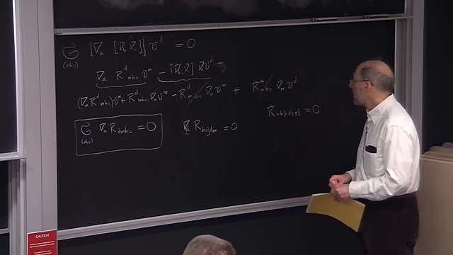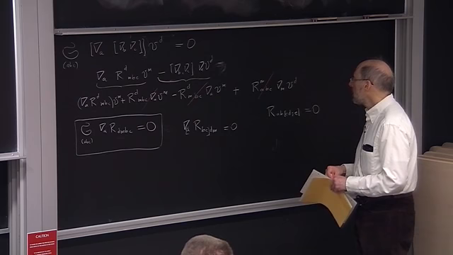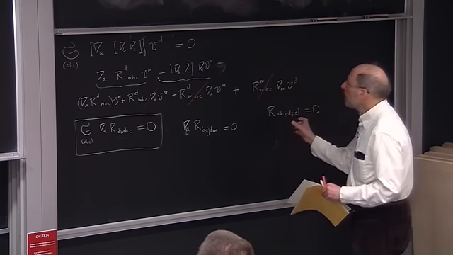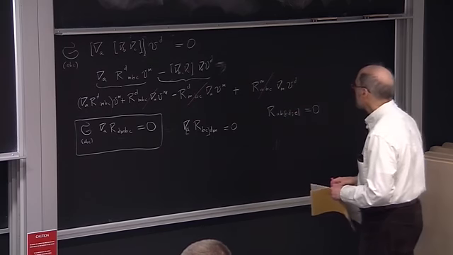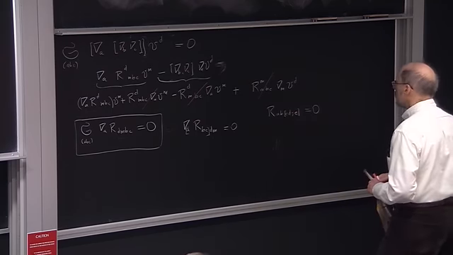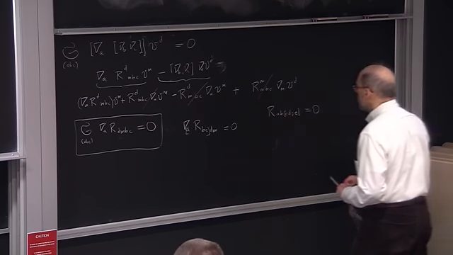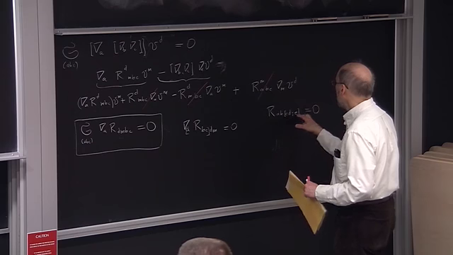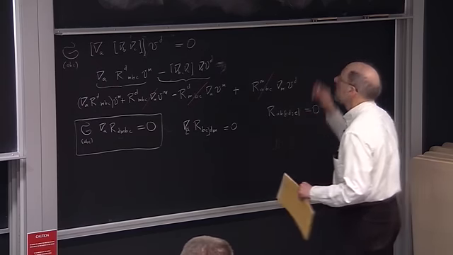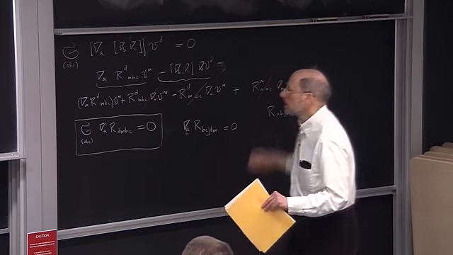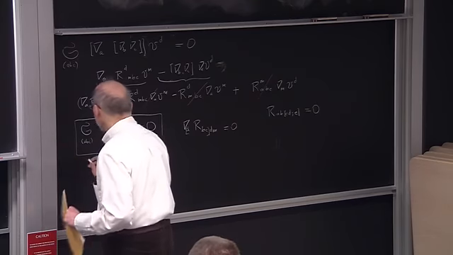So anyway, the point is, you take a gradient and then you totally anti-symmetrize on that new index that you've added together with any skew pair, and you must get 0. That's called the Bianchi identity.